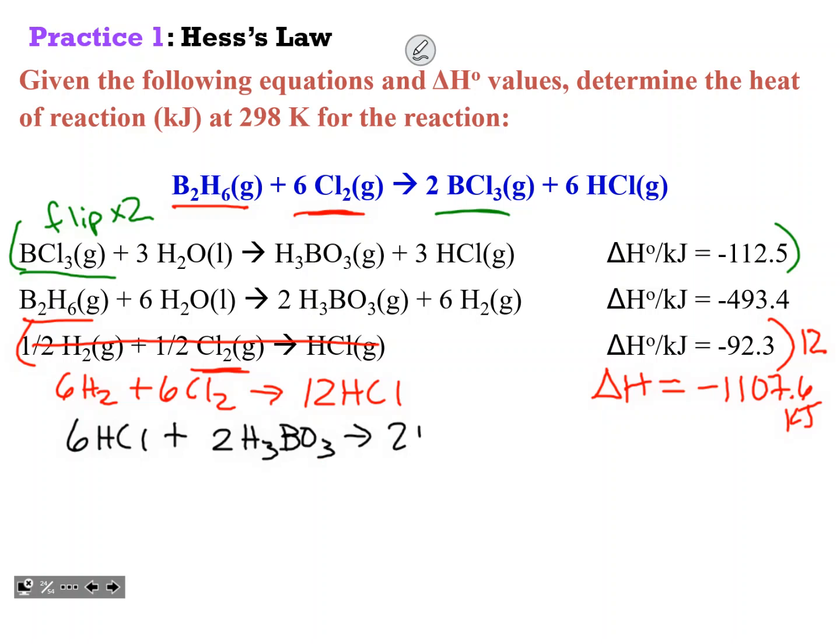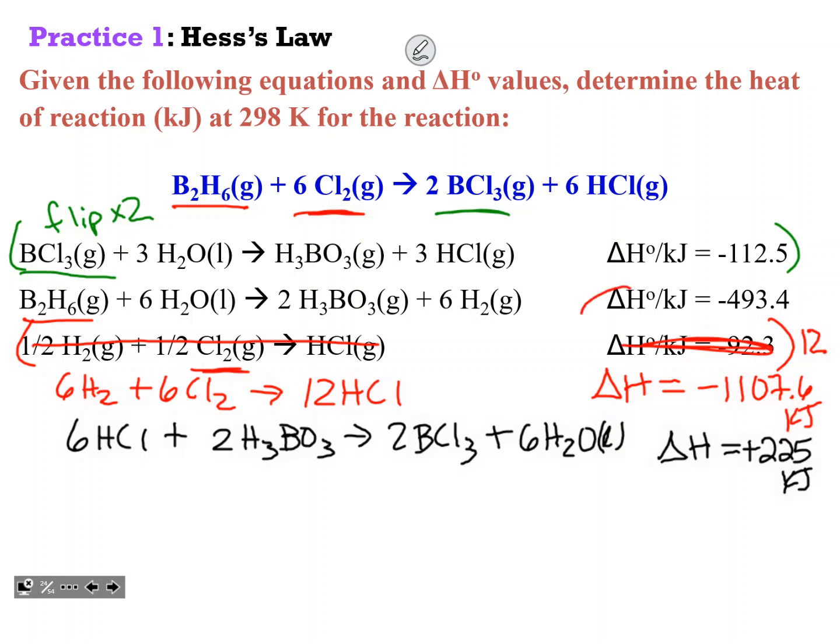And we get 2 boron trichlorides, and 6 of the waters. All right, now, this delta H, what does that turn into? 225 kilojoules. It's positive because we flipped it. Okay, we changed the sign, and we multiplied by 2. So I'm also going to go ahead and cancel this one out. So I'm dealing now with these 3 delta H's.